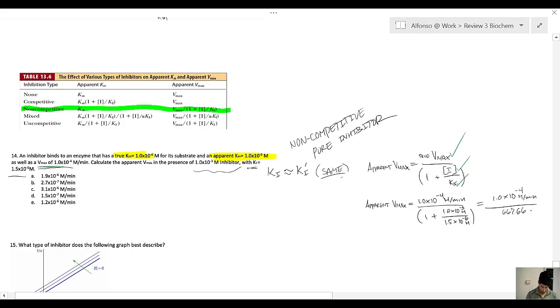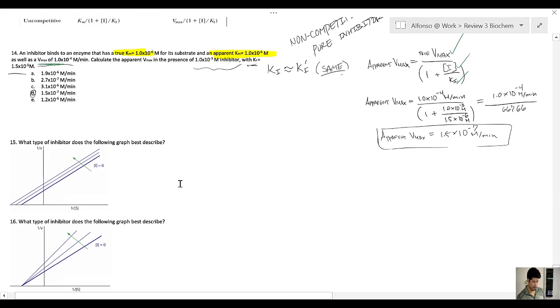And so the answer is the apparent Vmax is 1.5 times 10 to the -7th molar per minute. Always write your units. And so the correct answer is D. All right, let's move on.